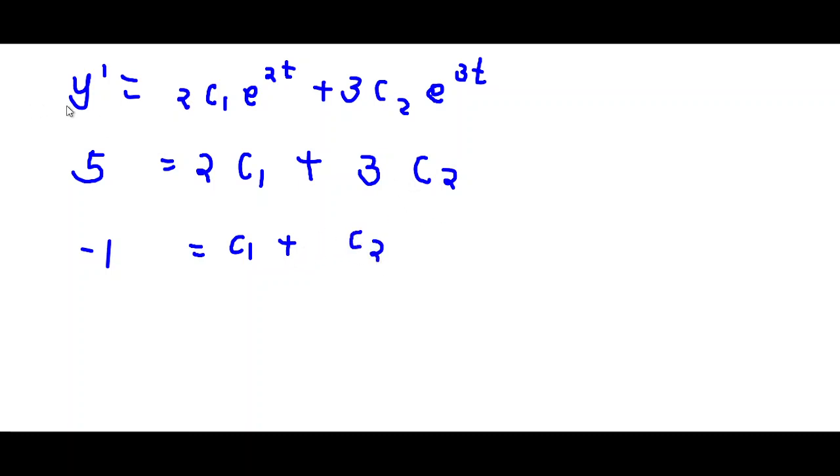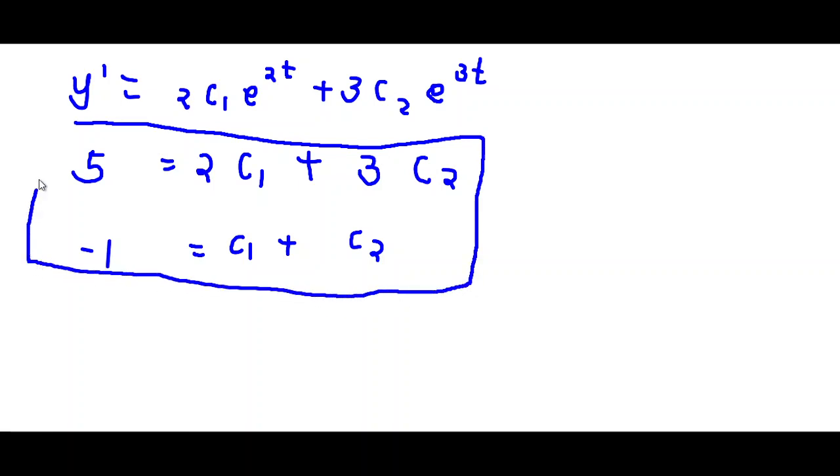So we have these two equations and we are trying to figure out the value of c1 and c2. We can just do either the elimination method or any method that you prefer the most. So 5 equals 2c1 plus 3c2. I can multiply the other equation by 2.